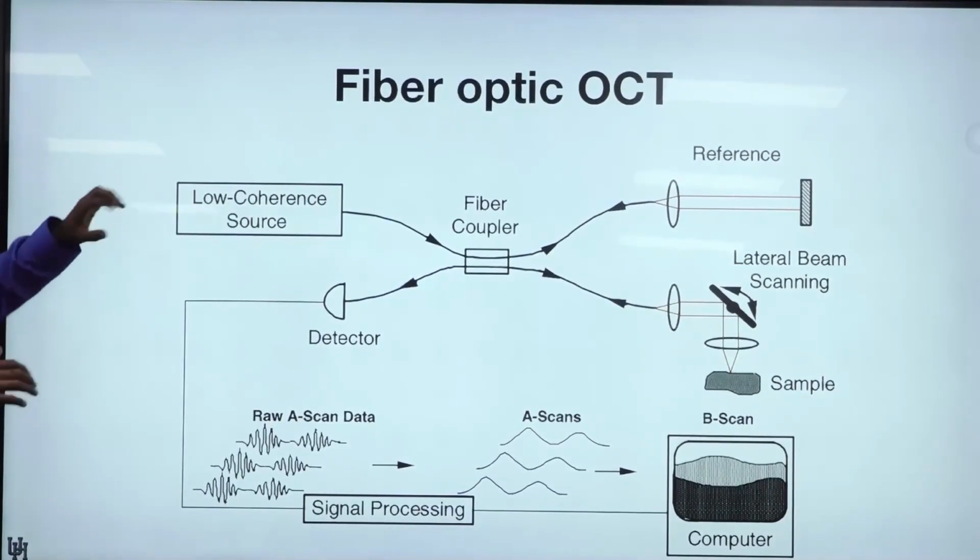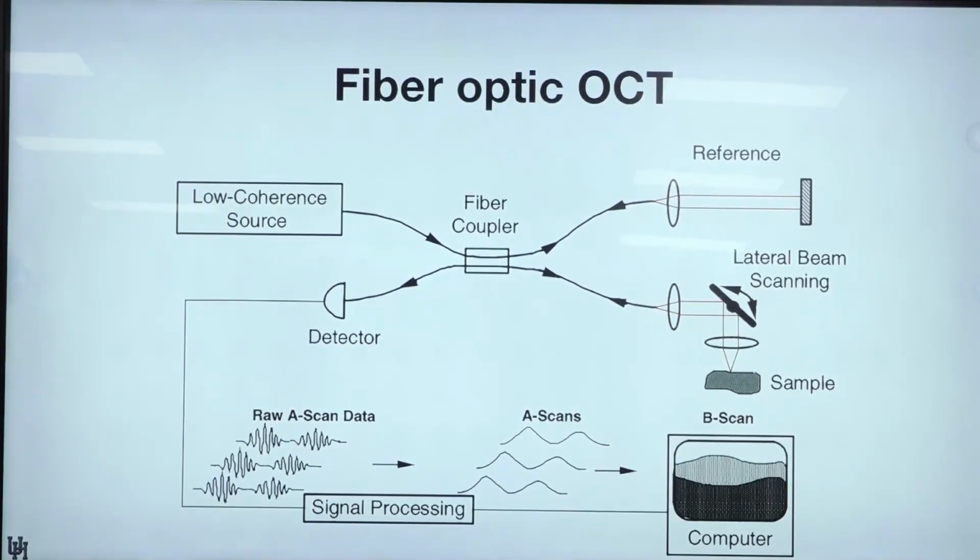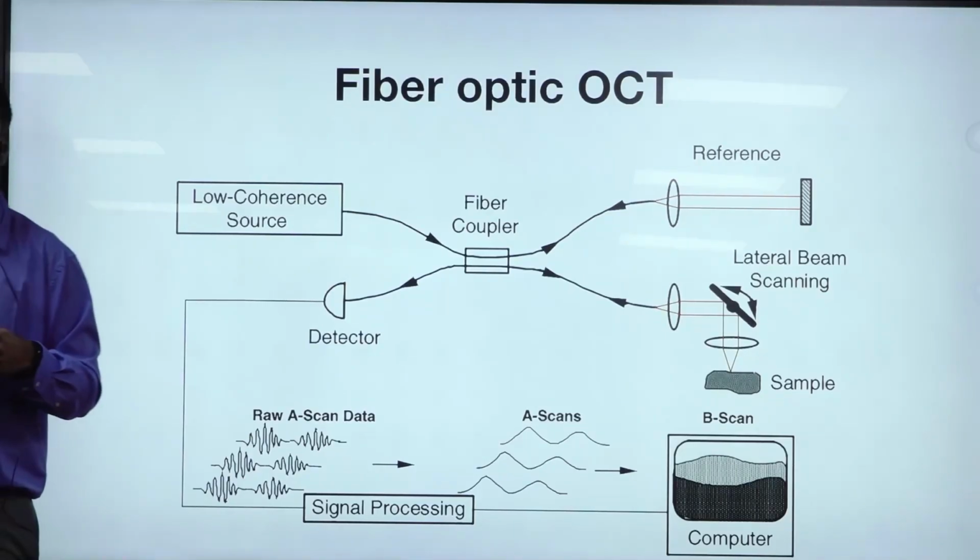Another innovation they brought about was that instead of using beam splitters and so on, you can use all fiber optics. Fiber optics was developed previously for telecommunication, for long distance transmission of communication signals and for internet.